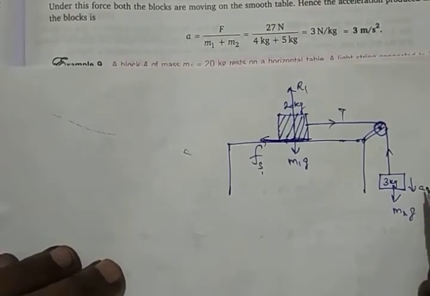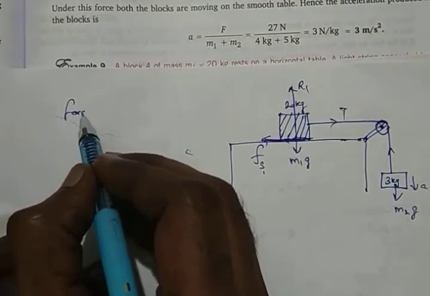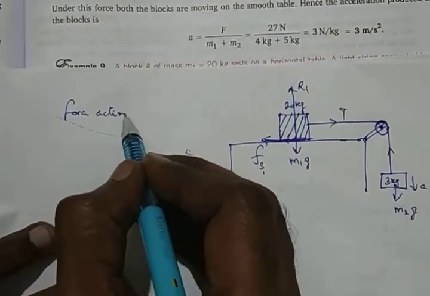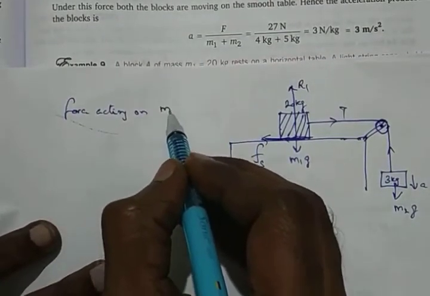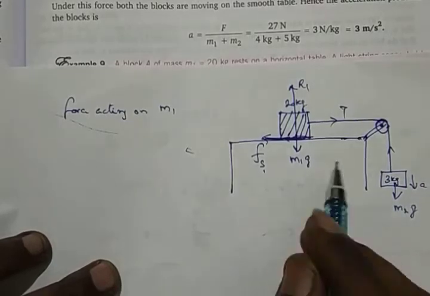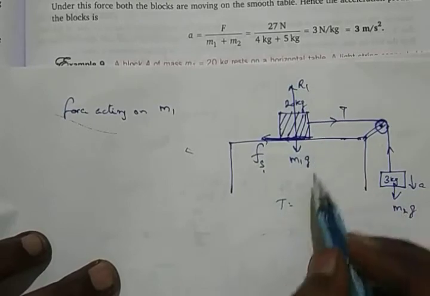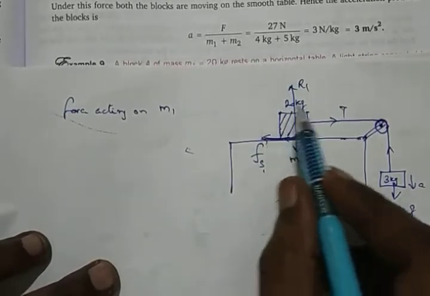Now considering acceleration is going to be downwards, you can write down force acting on m1. How will you do this one? Last time, without friction, what you do is tension is equal to m1 into a, this entire body into a.